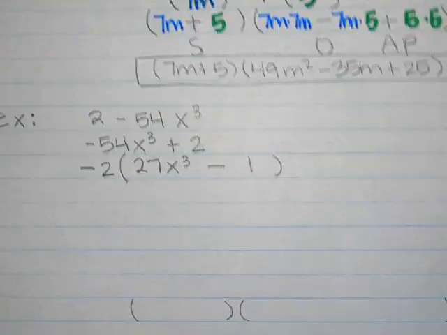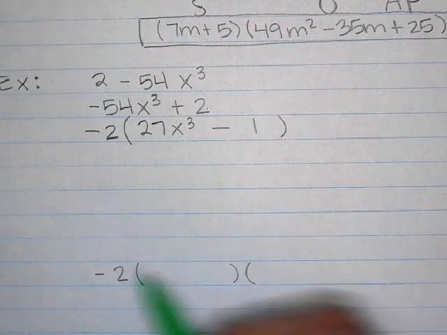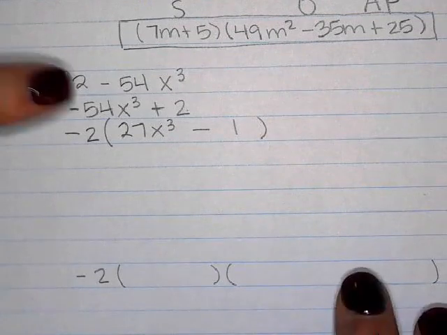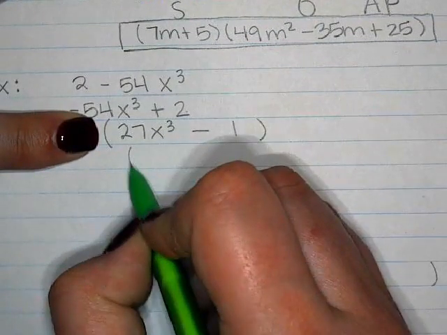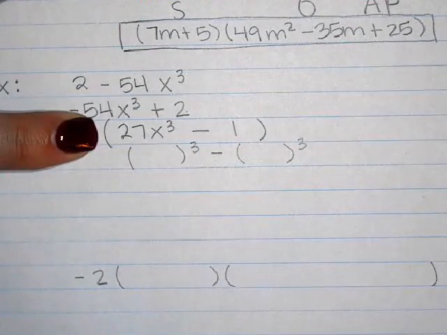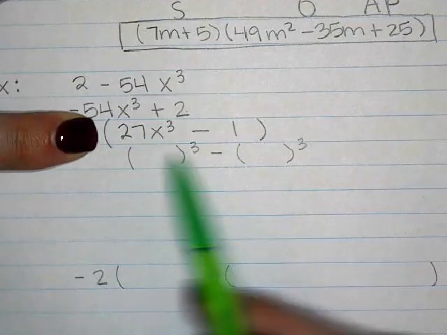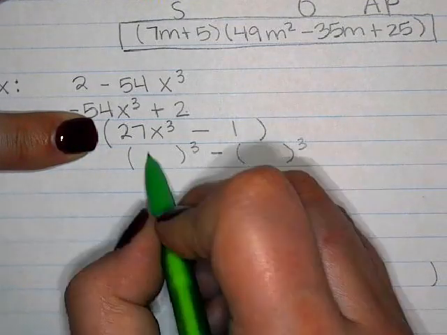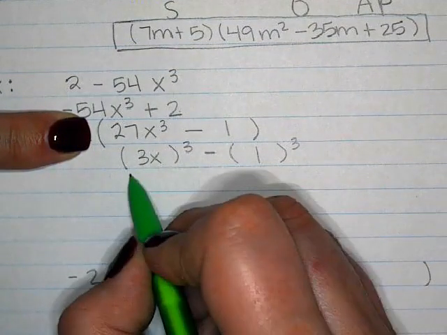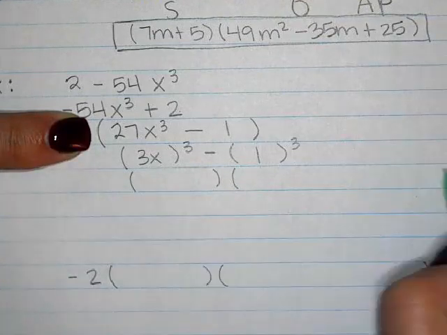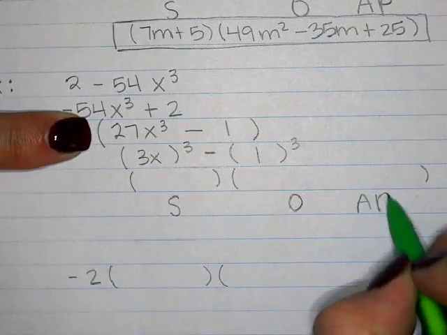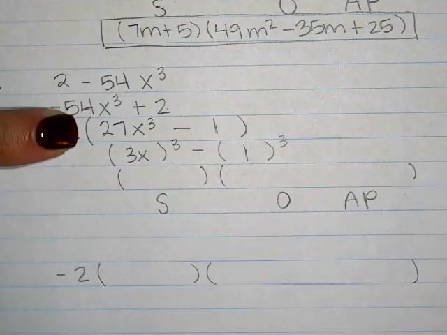Okay, so I'm going to ignore the GCF of -2. I'm going to say, okay, let's go ahead and rewrite this as something cubed minus something cubed. And what numbers should we be putting in here? 3x and a 1, okay? And then I'm going to have a little set of parentheses, and I'm going to have a big set of parentheses, and I'm going to put SOAP. So same sign, opposite sign, always positive. I'm going to grab my colors.